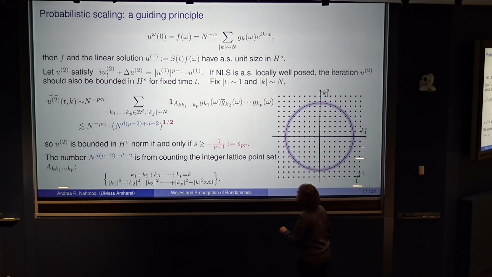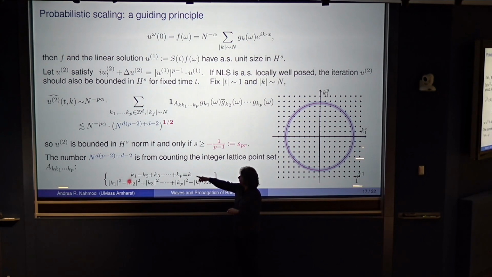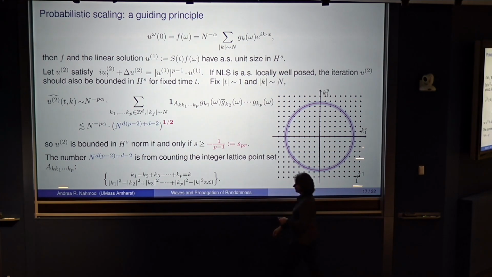So this number comes from simply counting the following. You have the set that comes from taking the Fourier transform of the nonlinearity. So essentially, you have to count how many points you have here. The quadratic equation is the resonant equation. K is fixed, and omega is fixed.